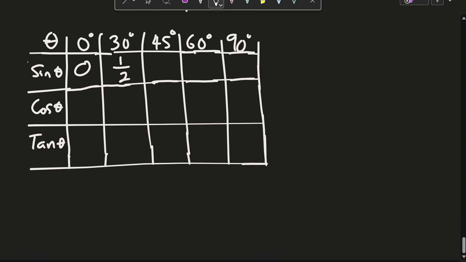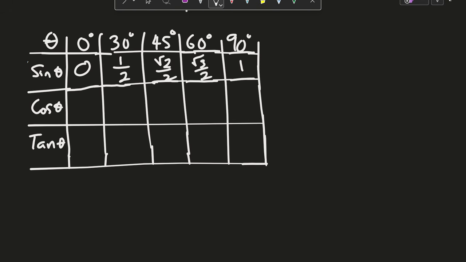The next one is root 2 divided by 2. And then we have 60 degrees, and squaring that, we have root 3 over 2. And so we have 1 here. After squaring 4 for 90, we have the square root of 4 divided by 4 in the last part. So this is 1.